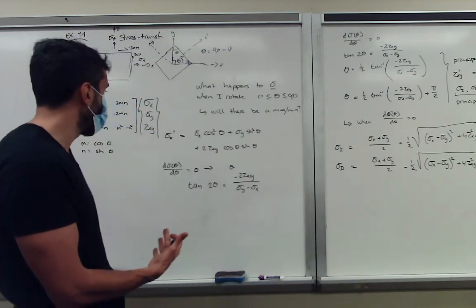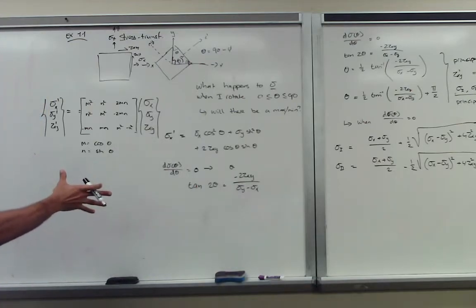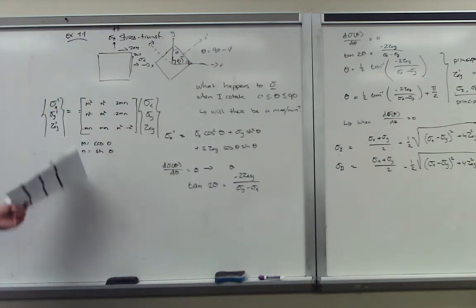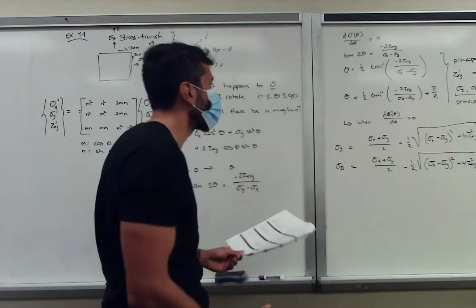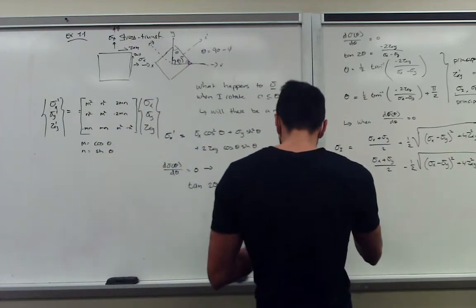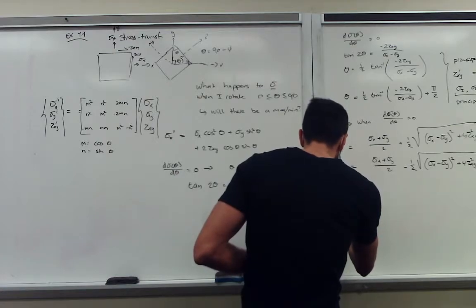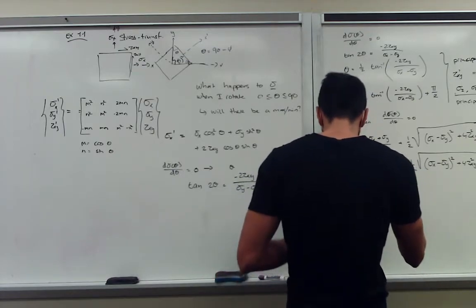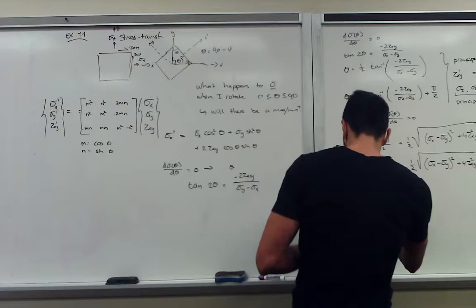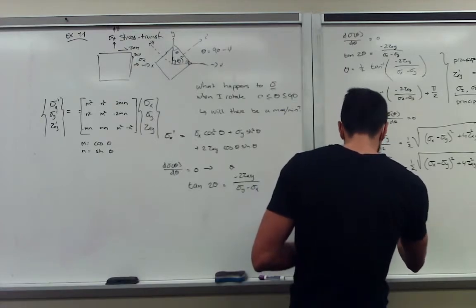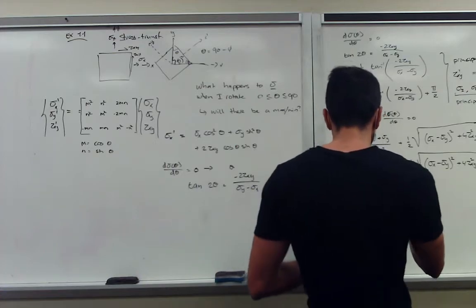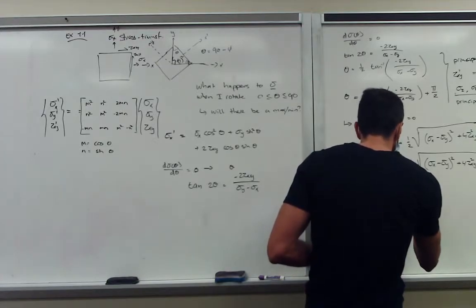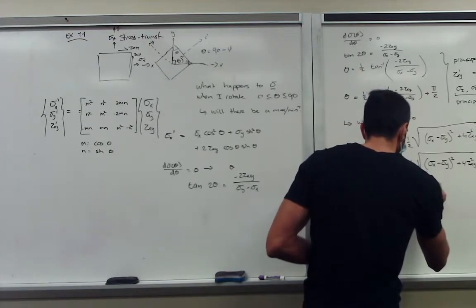And we can repeat the same exercise, but instead of looking at when sigma x is equal to 0, we say tau xy is equal to 0. We find a new angle, and based on that we can define new stresses, and we can see that the maximum or minimum shear stress occurs at plus or minus, depending on your maximum or minimum, the square root of sigma x minus sigma y squared plus 4 tau xy squared.